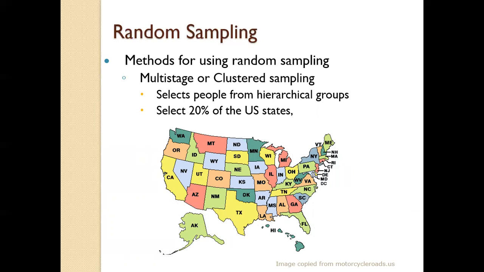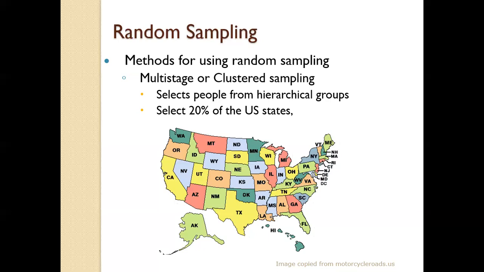In this case, people are selected from hierarchical groups. So you start with a very big group or category, and once you select categories from that bigger group, then you randomly select from that smaller group, and then from a smaller group within that, and then a smaller group within that.